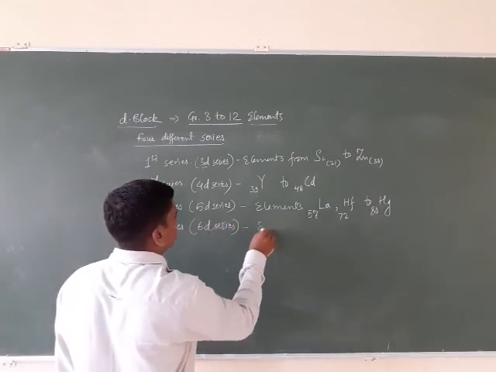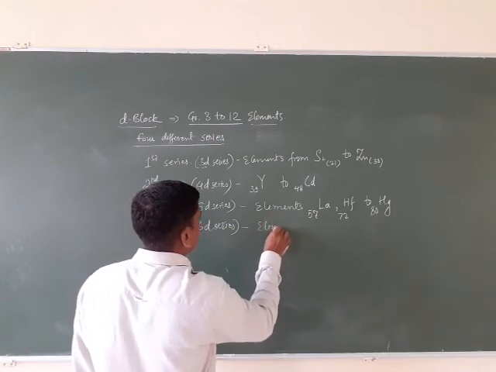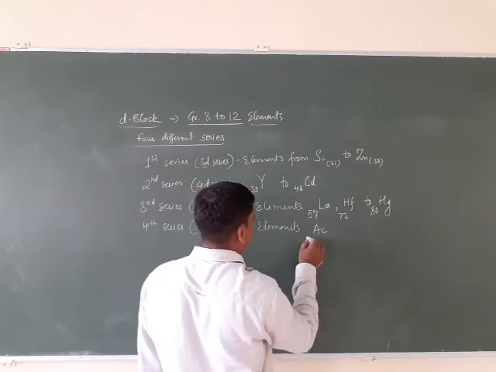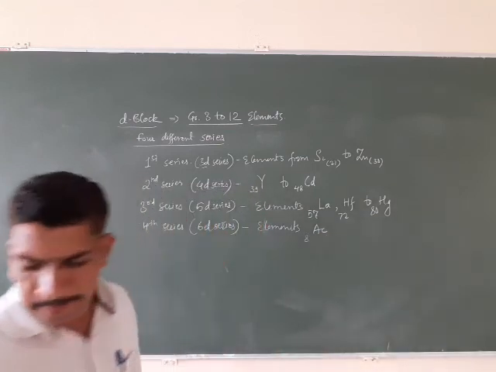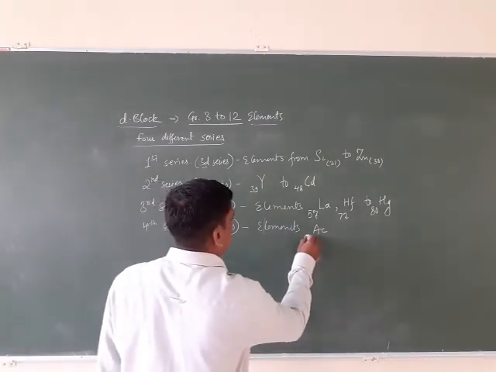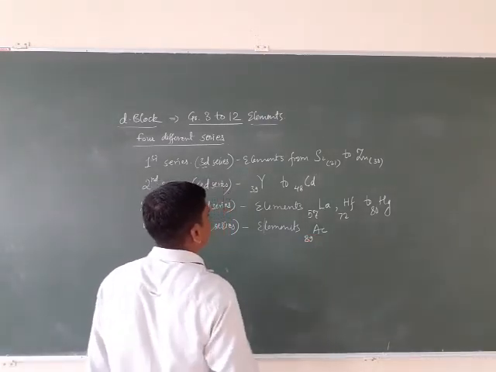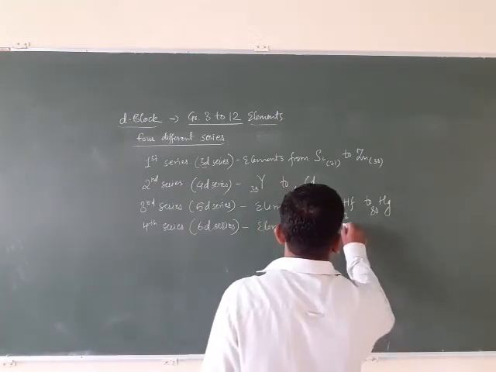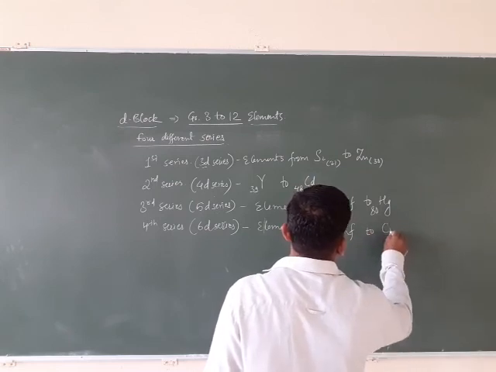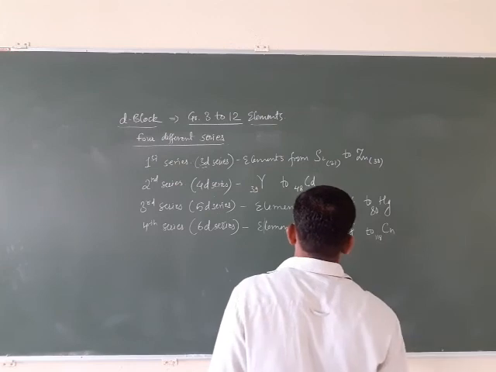It consists of actinium, having atomic number 89, then rutherfordium, 104, to Cn, 118.